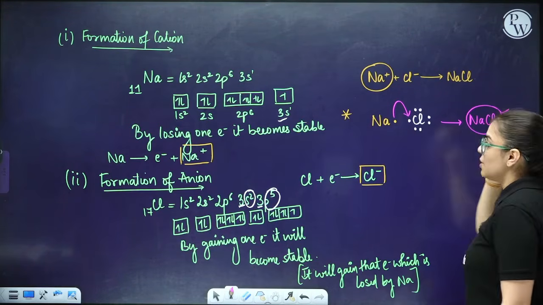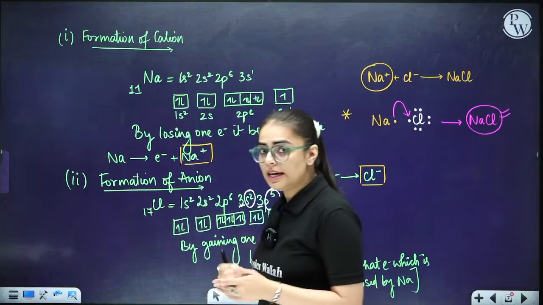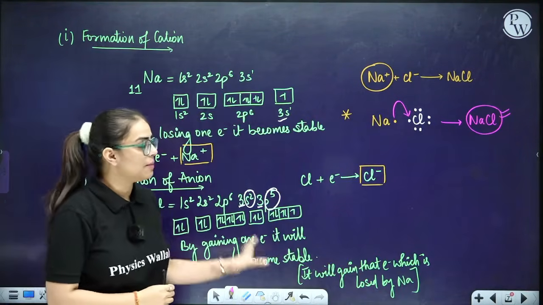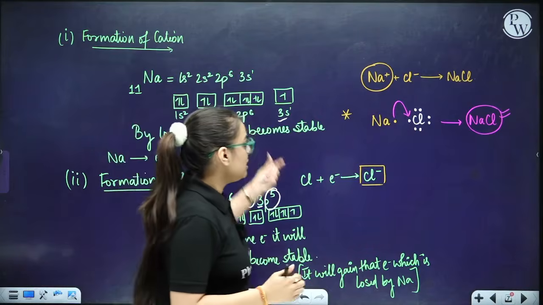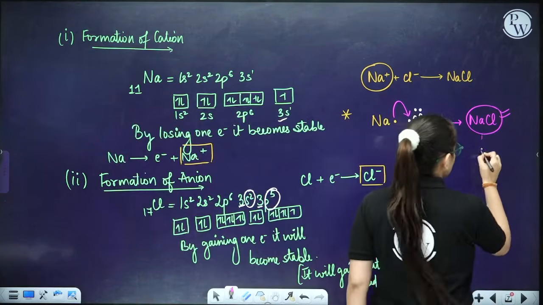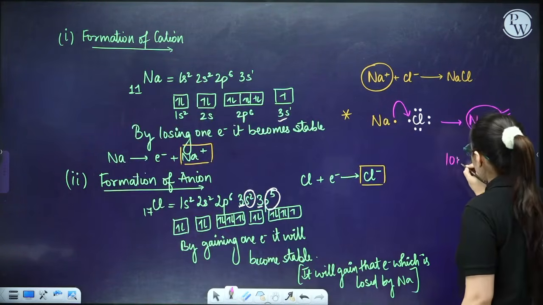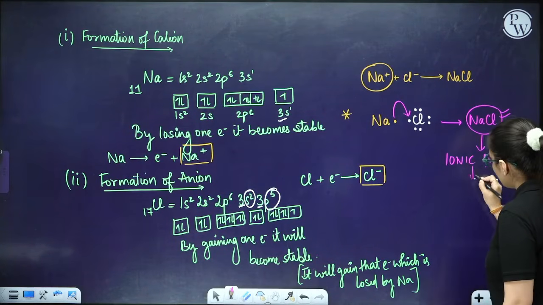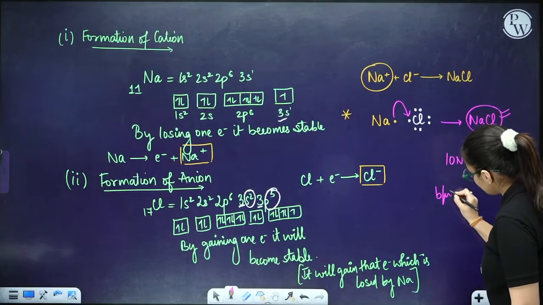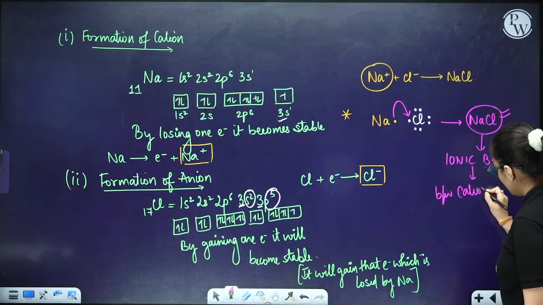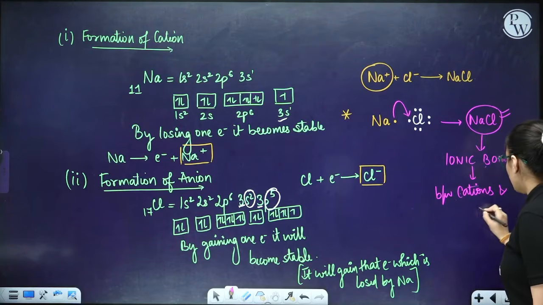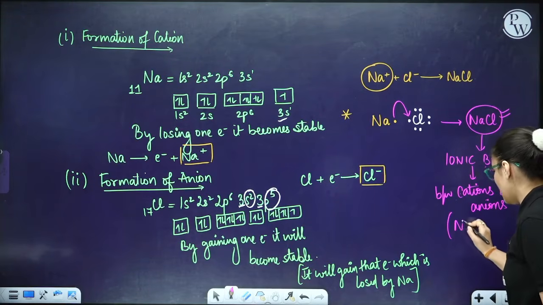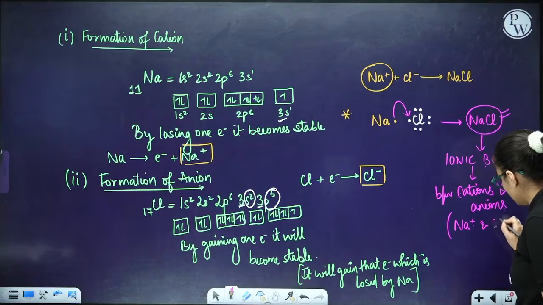We will understand the Lewis dot representation in depth in the next class when we study the Lewis theory. But over here I am telling you, ionic bond is seen. Which kind of bond exists here? Ionic bond exists between cations and anions, ma'am. That means between Na positive and Cl negative.